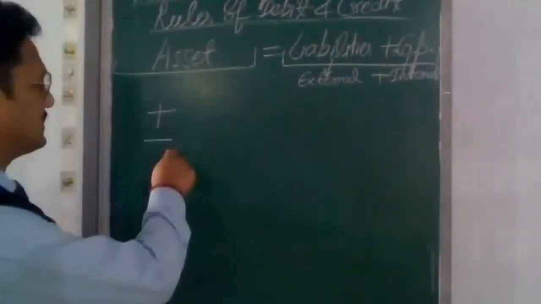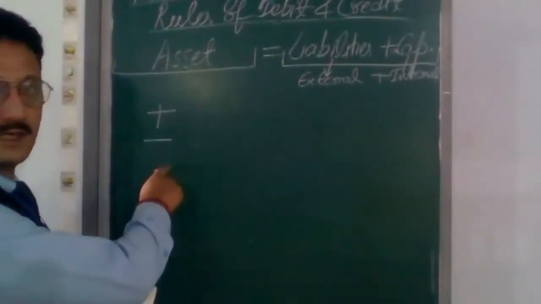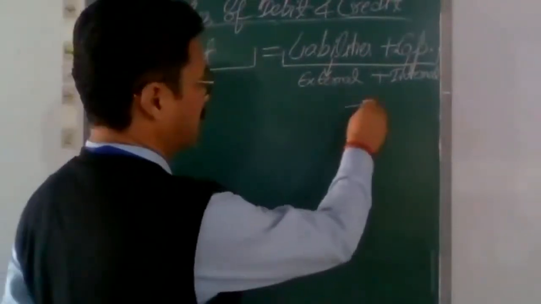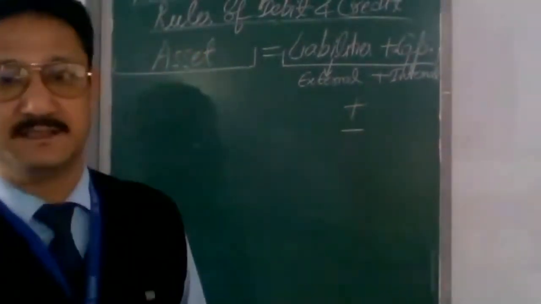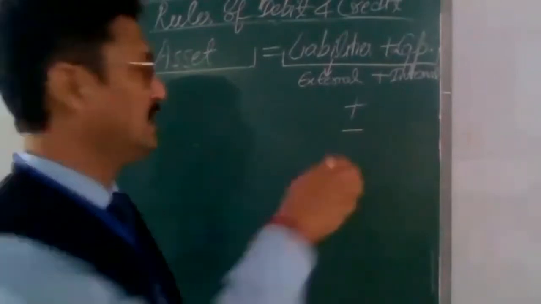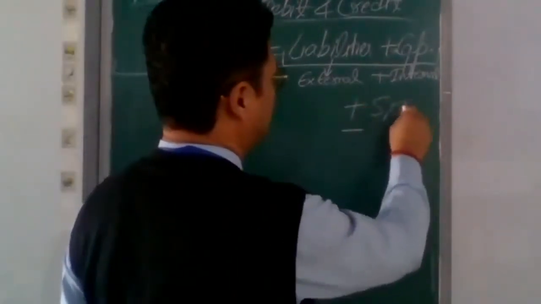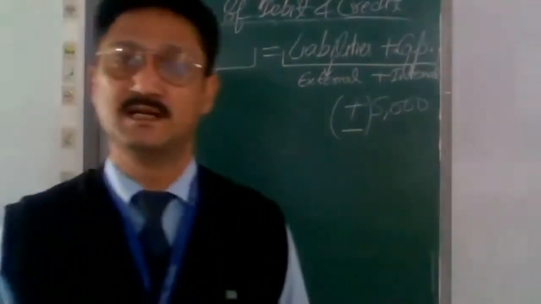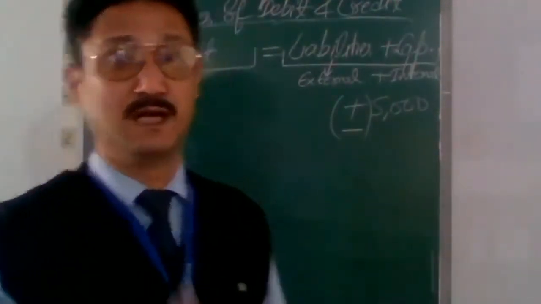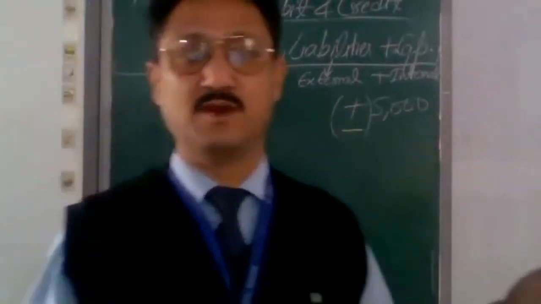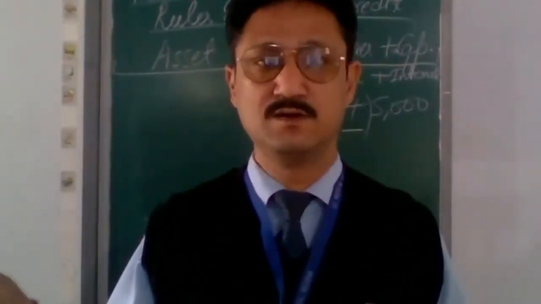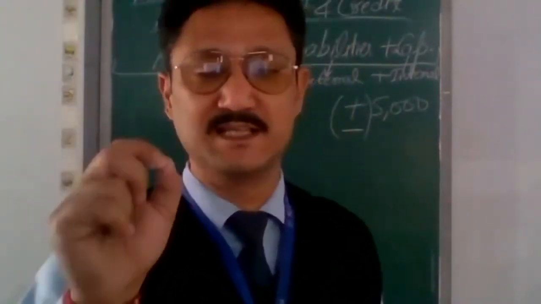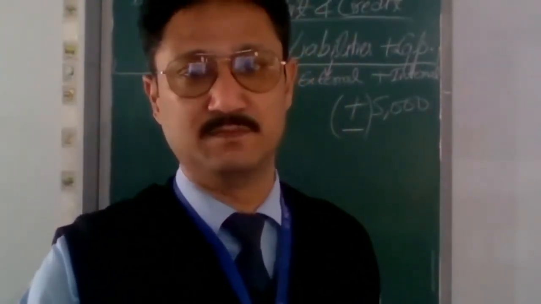Either you add and subtract the same amount on the asset side, or you subtract and add the same amount on the liability side. 5,000 added and 5,000 subtracted from the same side, so there will be no effect on the total of both the sides. The total of both the sides still remains the same.